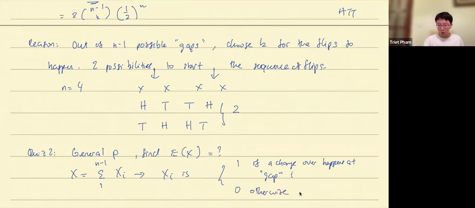Well, what do we mean by gap i? This is gap number 1, gap number 2, gap number 3. If there's a changeover there, we add 1 to it, and we'll get the total number of changeovers.